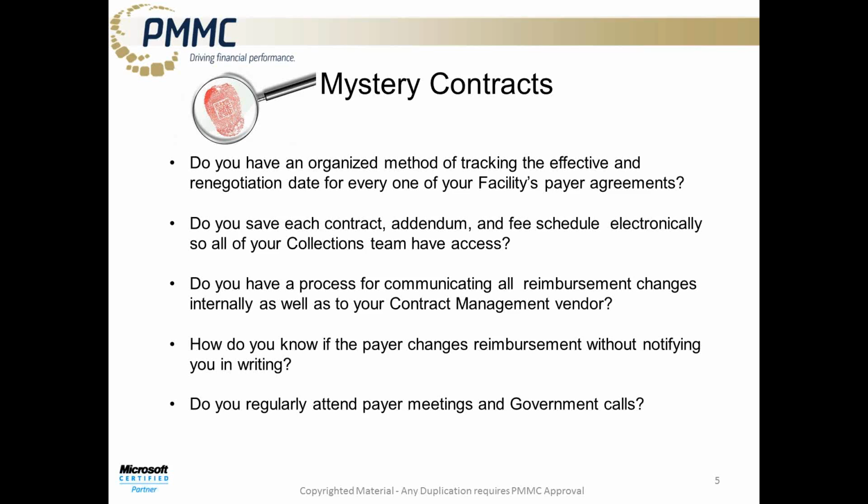For example, do you know the effective dates and the term dates of all your contracts? Do you have the ability to see if those are not paying correctly? If your contracts are from the 1990s and you know the insurance companies aren't paying those old rates, you have a problem. Do you have a way of catching when a payer changes what they're doing quickly so they can be addressed?